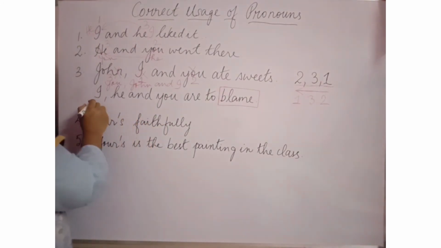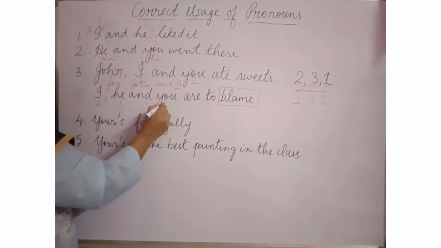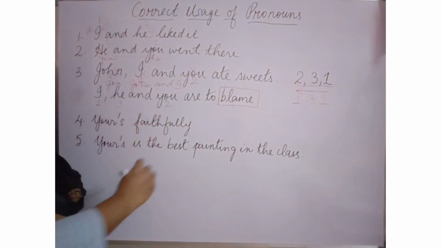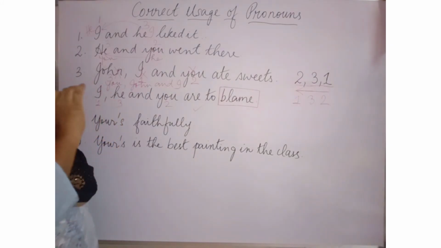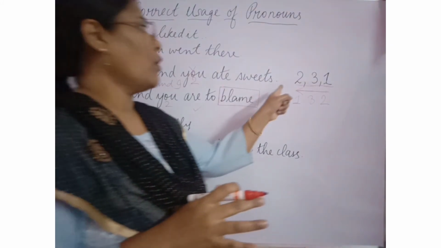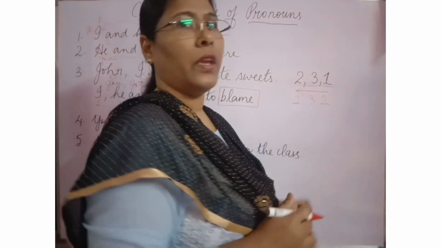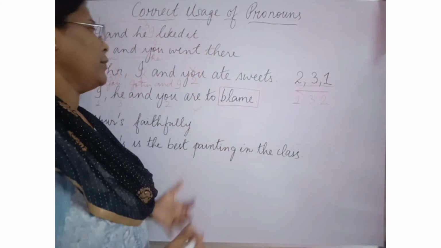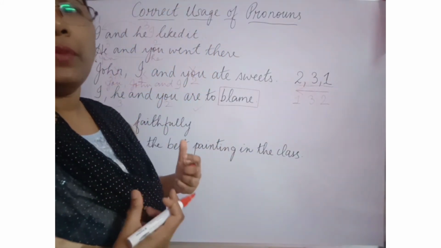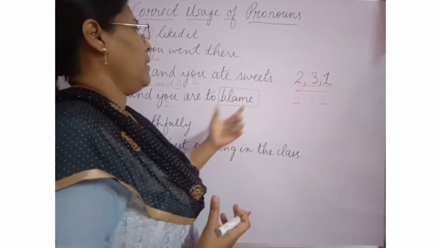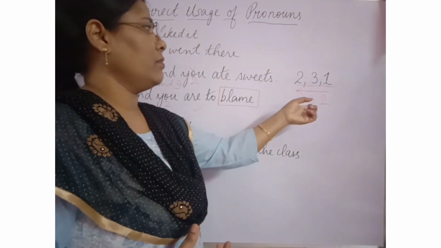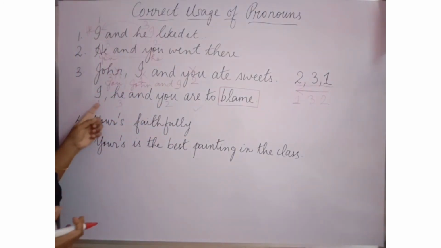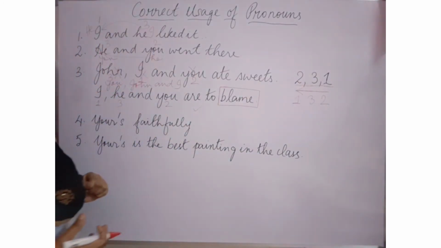So 1, I is first person, this is third person, you is the second person. So this sentence is correct. So for all the sentences we follow this sequence 2-3-1. But if we are confessing blame, then the reverse sequence has to be followed: 1-3-2. First person, third person and the second person.